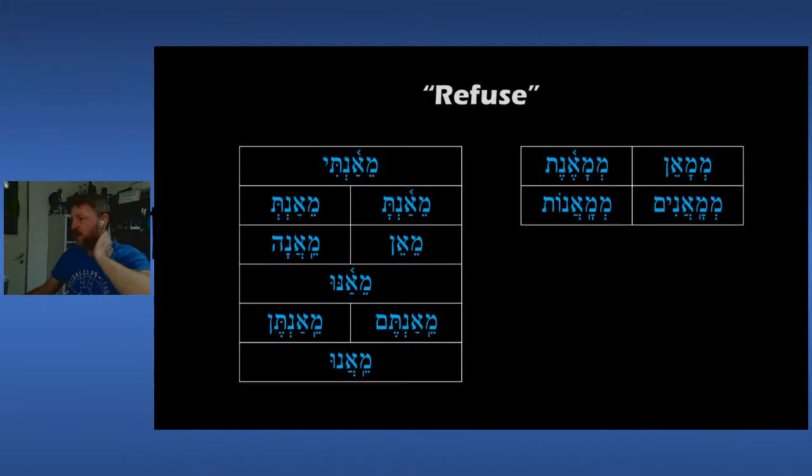All right. This word is me'en. Notice here the aleph rejects dagesh, and the EA pattern becomes AA pattern because of compensatory lengthening. This verb appears in the Joseph story whenever Potiphar's wife is trying to convince him to do inappropriate things with her. And it says that Joseph refused.